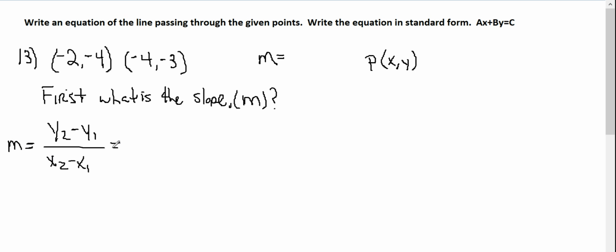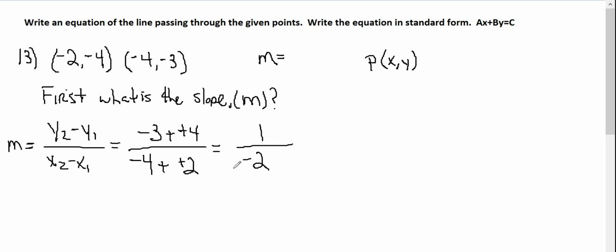All right, so let's do that. y2 is negative 3 minus y1, which is negative 4, divided by x2, which is negative 4, minus x1, which is negative 2. So this ends up equaling negative 3 plus 4 is 1, and negative 4 plus 2 is negative 2.